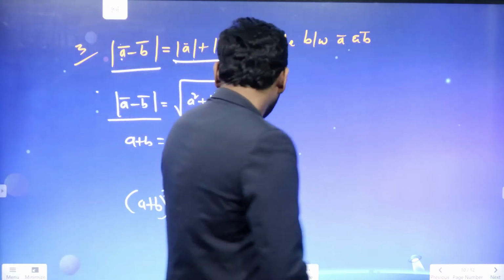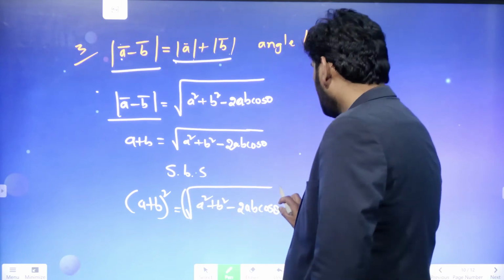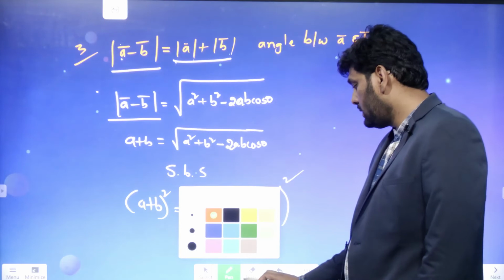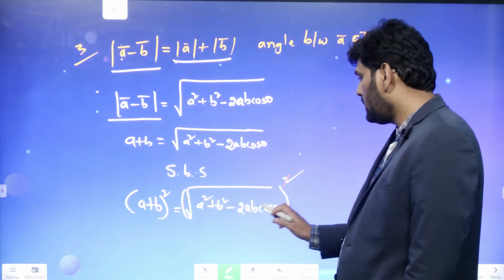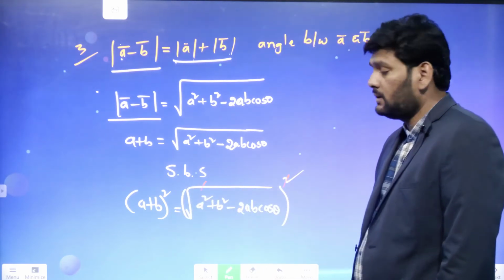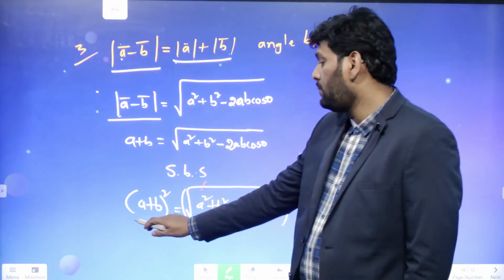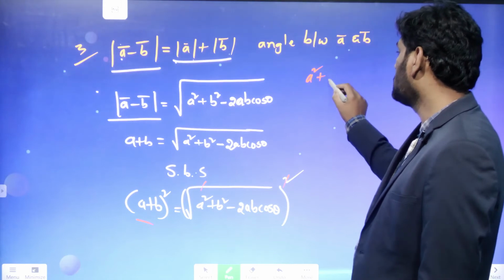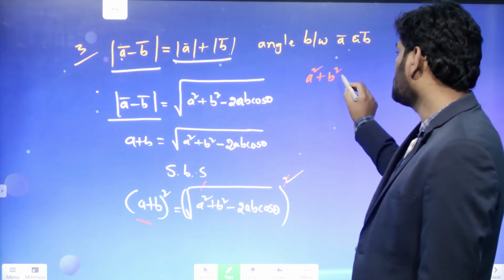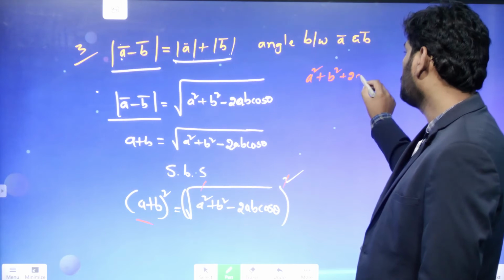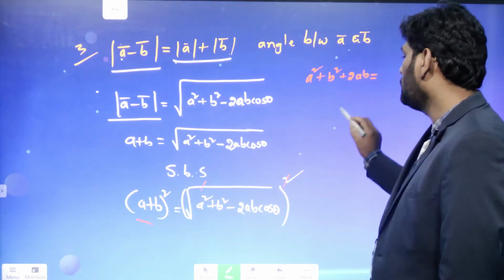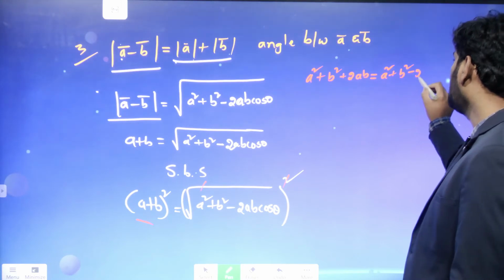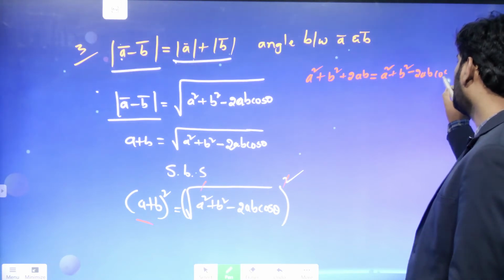Applying the a plus b whole square formula, it becomes a square plus b square plus 2ab, which is equal to a square plus b square minus 2ab cos theta.